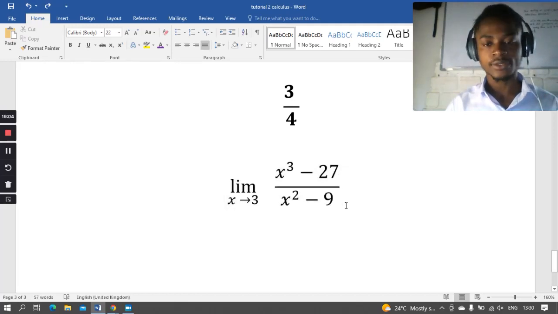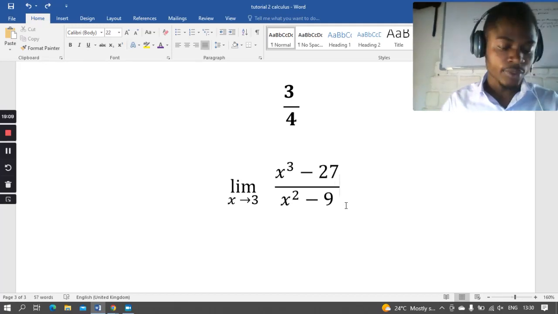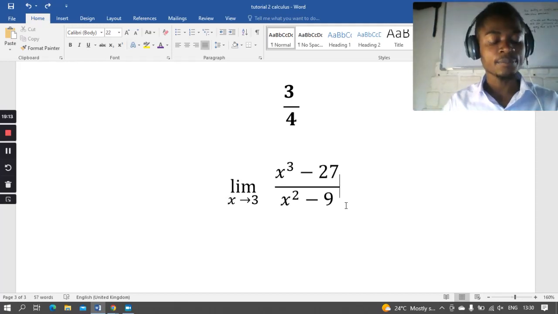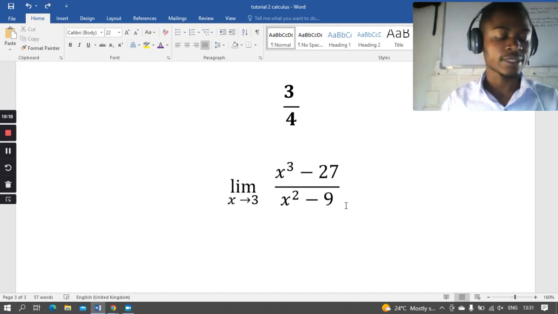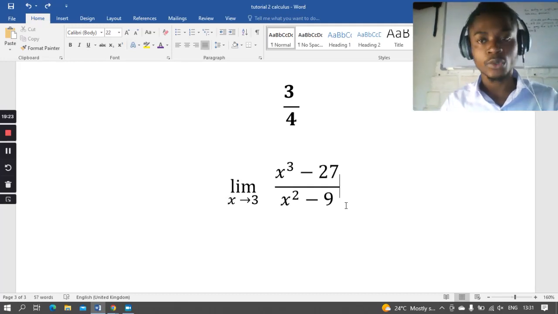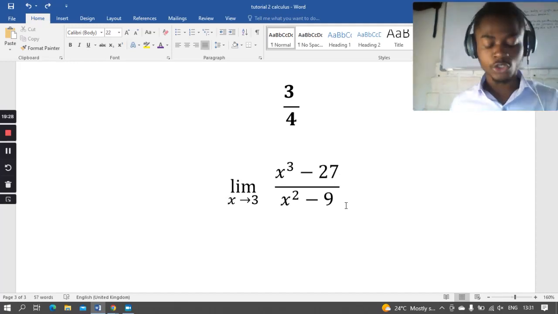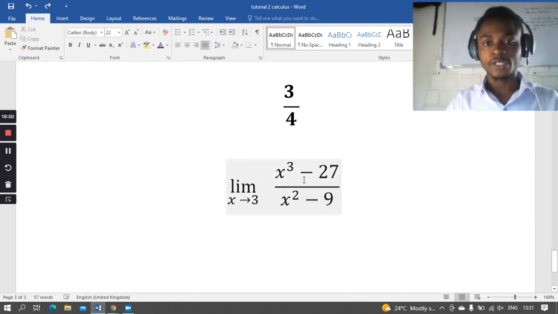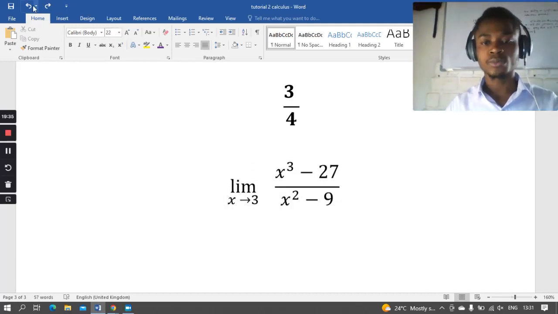I'm not going to go through the steps of factorization because I'll explain them in my other classes when I deal with factorization of polynomials and solving equations involving polynomials. In the meantime, I'm not going to explain that step. So let's quickly factorize the numerator.